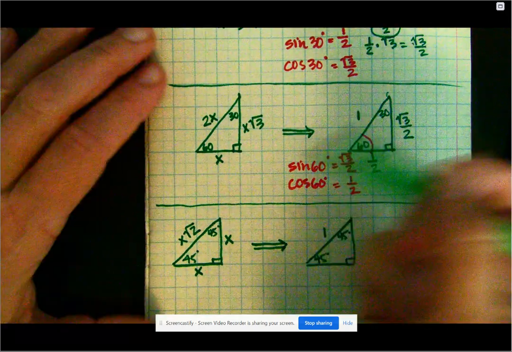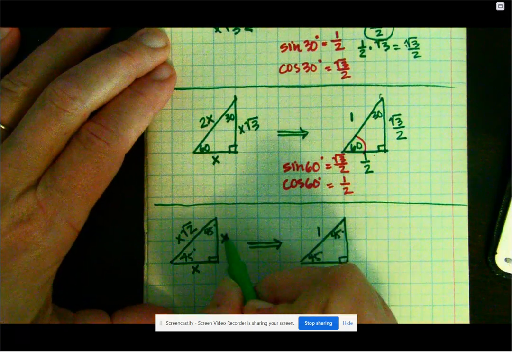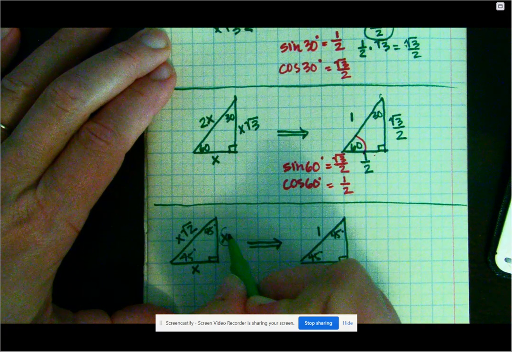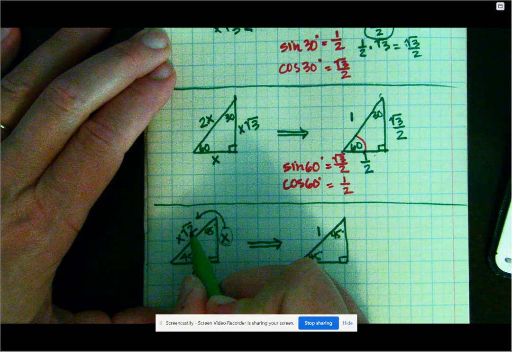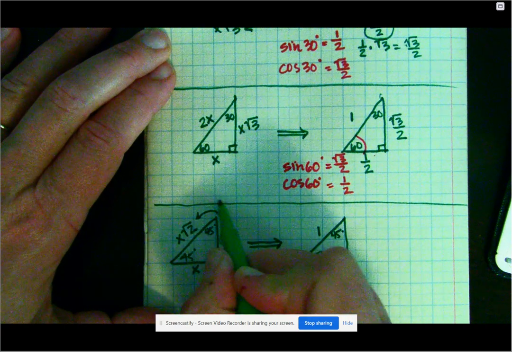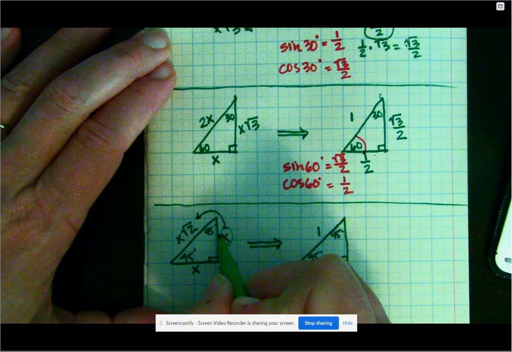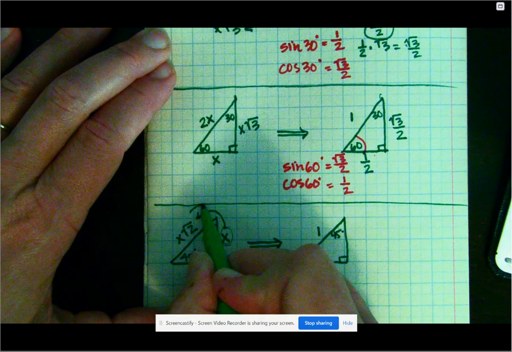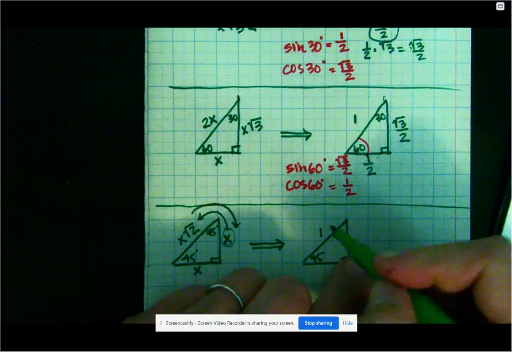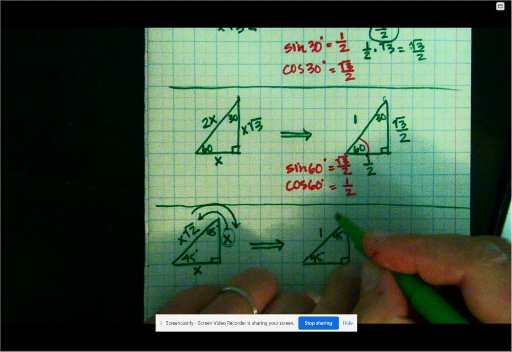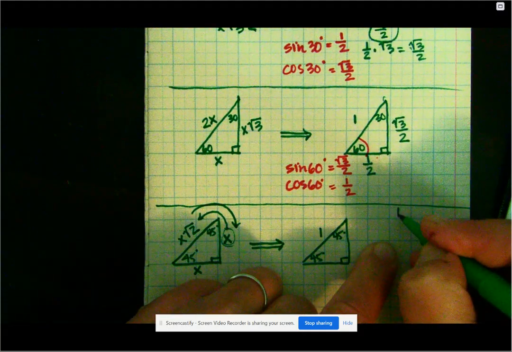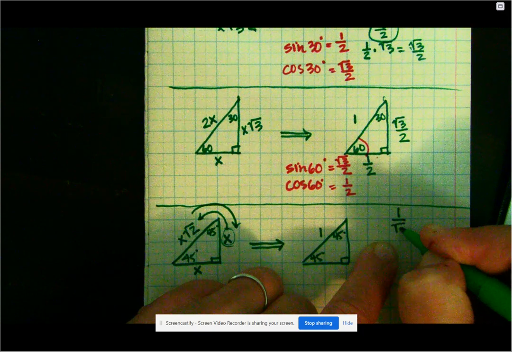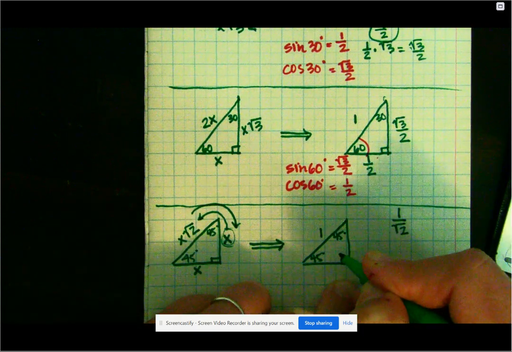All right, so it's usually nicer to start with the shorter side and say, okay, if we have the shorter side, we multiply it by the square root of 2 to get the hypotenuse. So let's go backwards. The opposite of multiplying by the square root of 2 is dividing by the square root of 2. So to get from the hypotenuse to the leg, I'm going to take 1 divided by the square root of 2, which is this length.